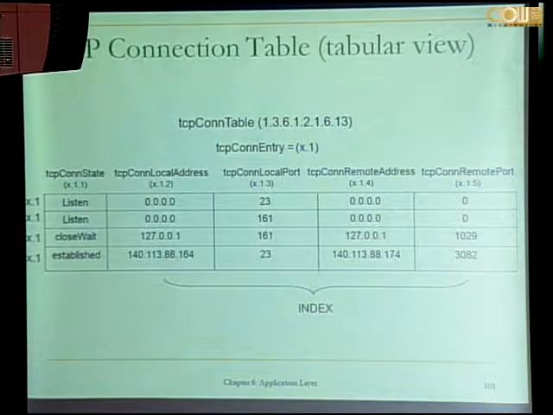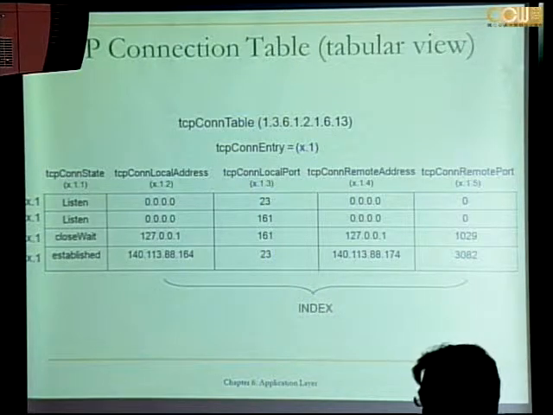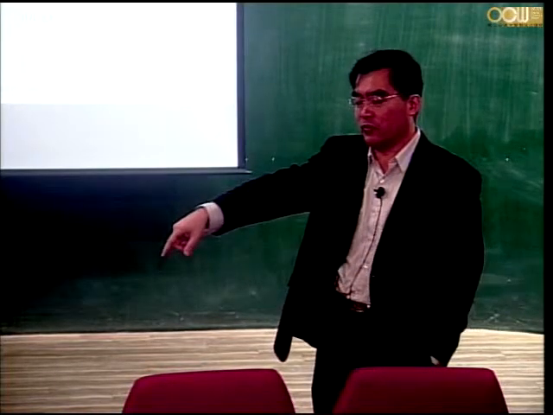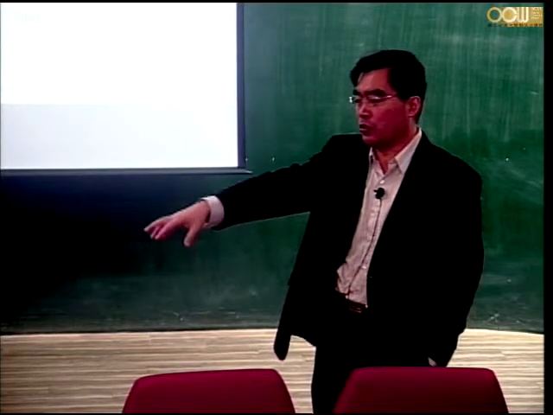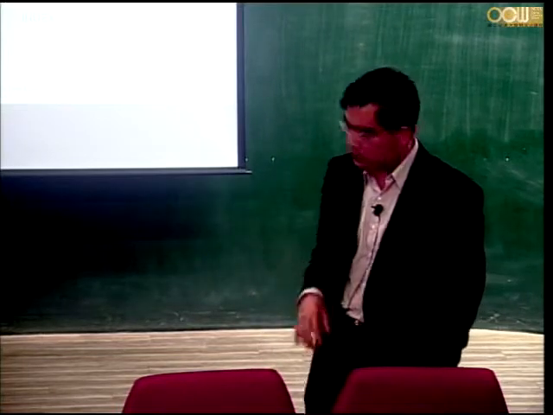If you are a manager, you could retrieve and check what TCP connections have been there on a device being managed, for example, on a router or on a switch. You want to check that.